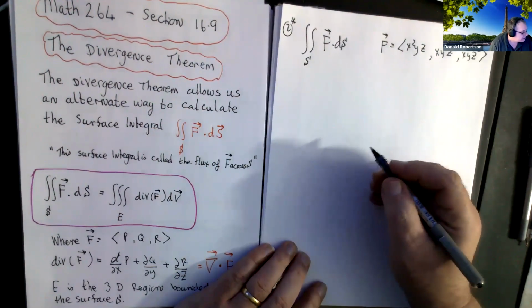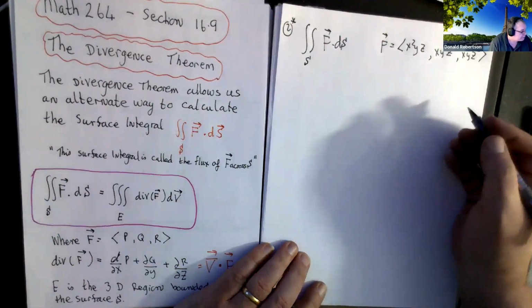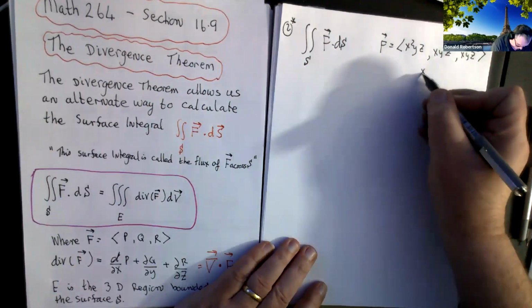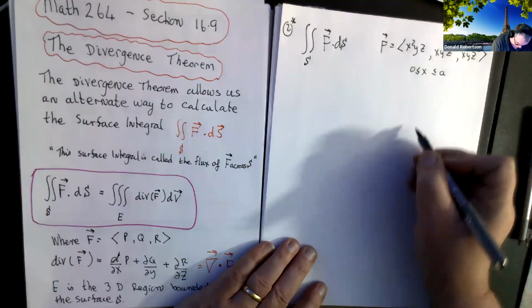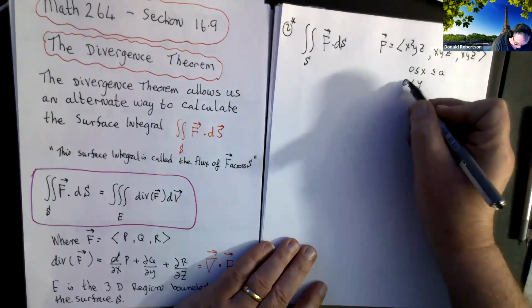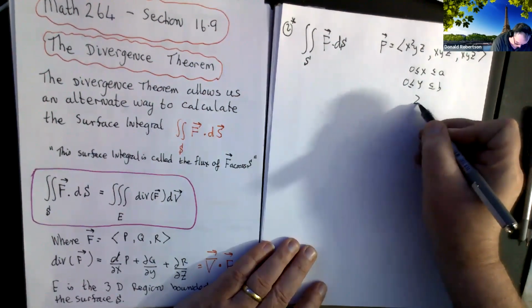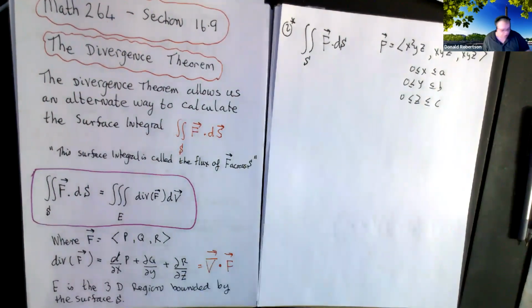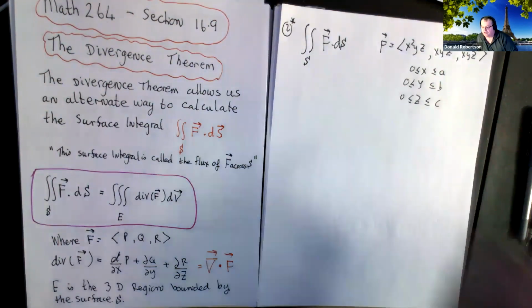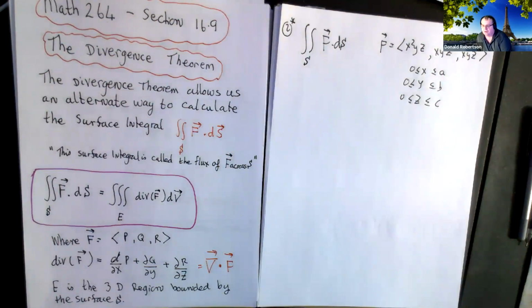And the region is described in terms of a box, where x goes from 0 to a, y goes from 0 to b, and z goes from 0 to c. So can you imagine that when you're finished, the answer is going to have a's, b's, and c's in it, because a, b, and c are just constants. They just don't tell you what they are.